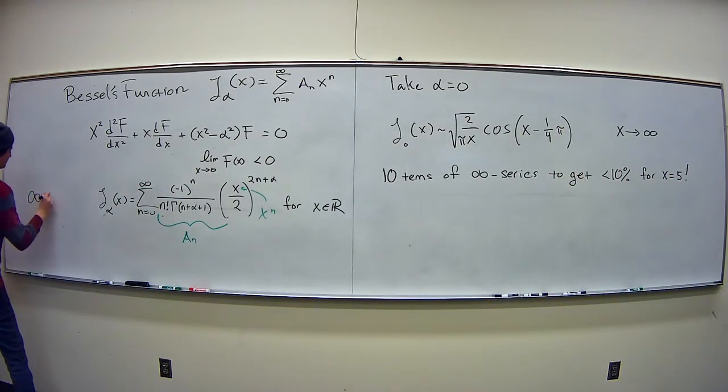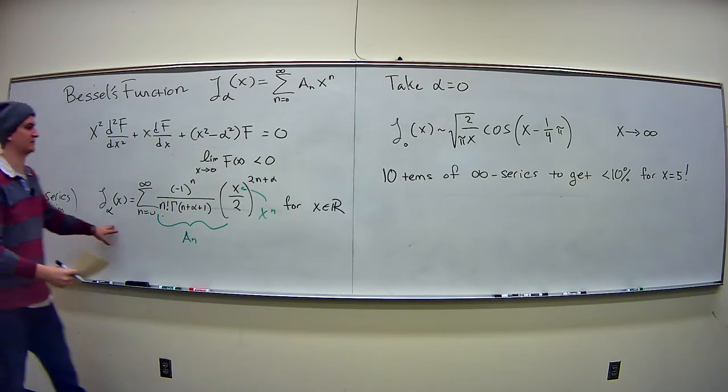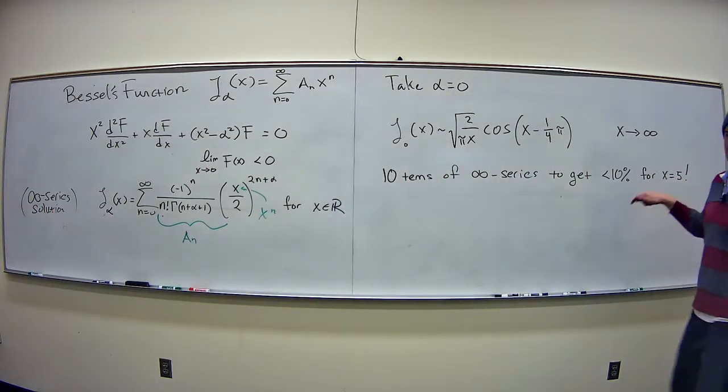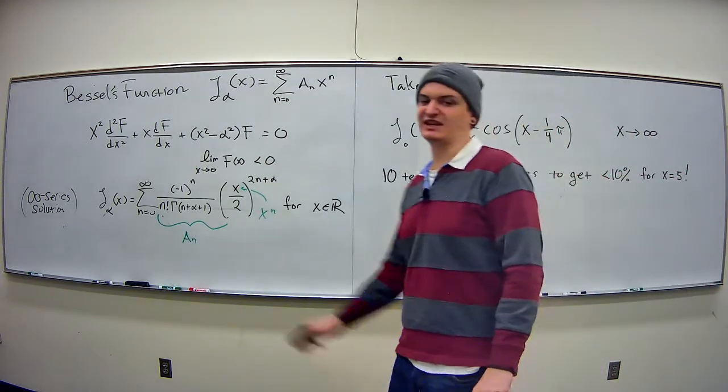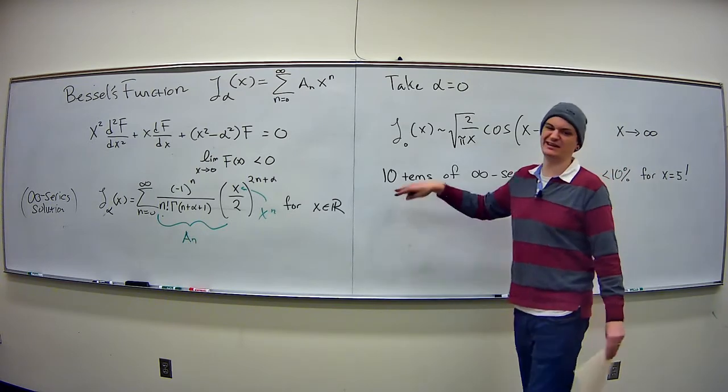This is my infinite series solution. That's what this one is. So if I'm just trying to evaluate the function at 5, just the value 5, actually even values past 5, you need at least 10 terms. You need at least 10 terms.